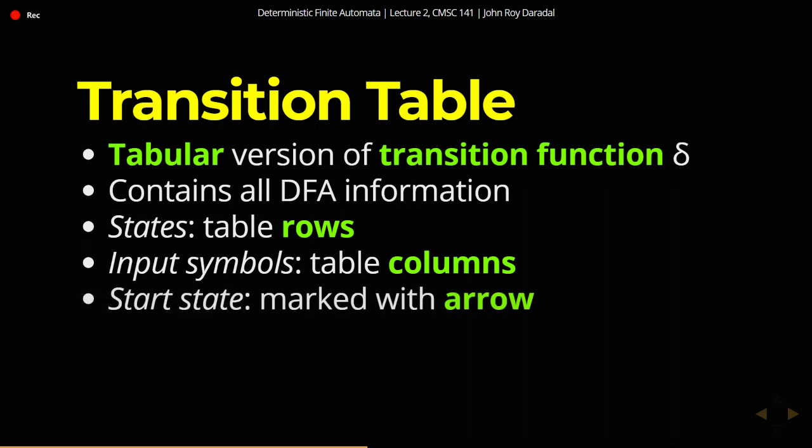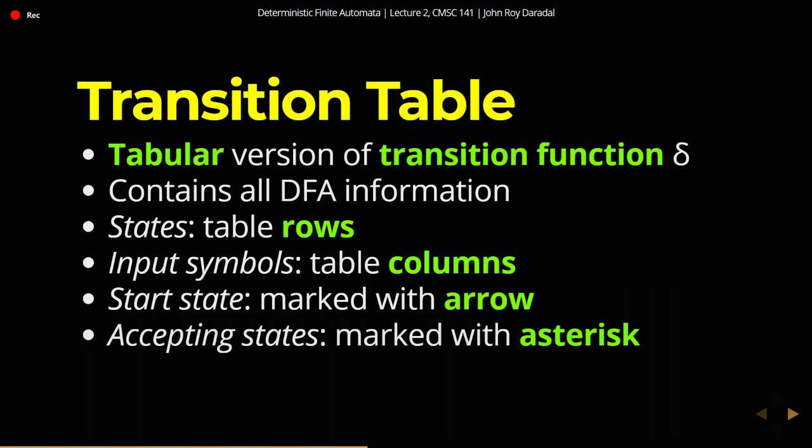The start state will be marked with an arrow, and the accepting state would be marked with asterisks. If there are multiple accepting states, there would be multiple asterisks. And then the rest of the table will be filled in with the transition function.